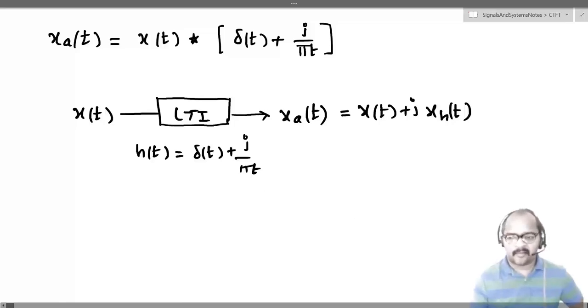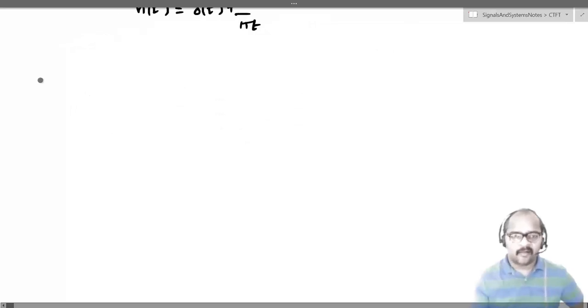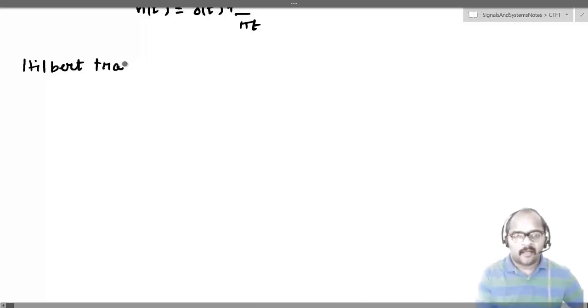Okay, as the last topic, we want to look at the impulse response. So we'll talk about what is called the Hilbert transformer. We have already seen that, and we will see a little more information about it.